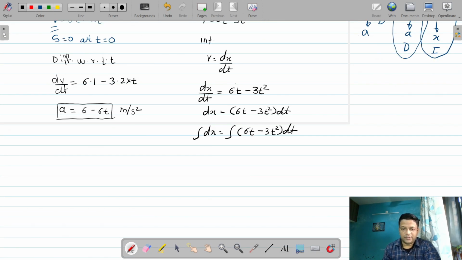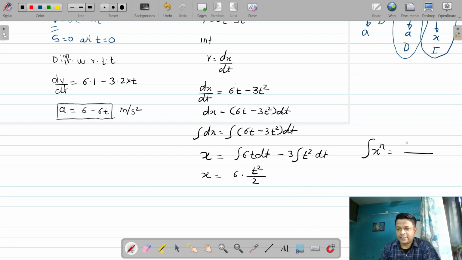Then the integration of 1 dx is x. So x is equal to the integration of 60 dt minus, taking 3 common, the integration of t square dt. Now the integration of 6 is 6t, a constant times t. Integration of t is t square by 2. Remember, the integration of x raised to n is x raised to n plus 1 divided by n plus 1, where n is the power of that term.